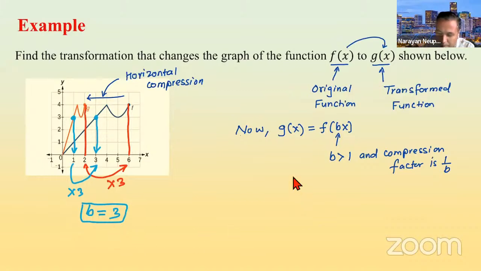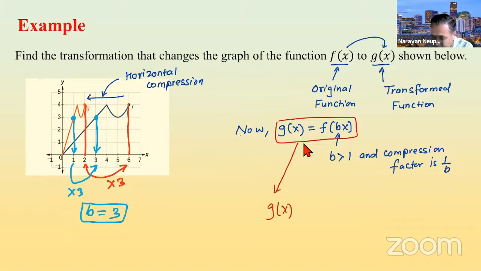Now, once we know this, our final answer is that this equation we are writing here changes to g of x equal to f of 3x, as you can see.